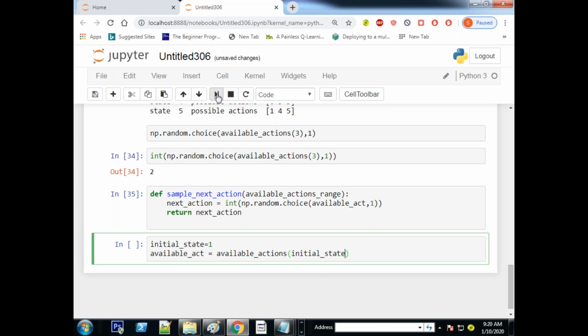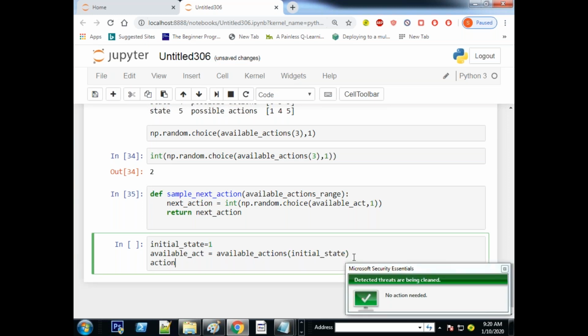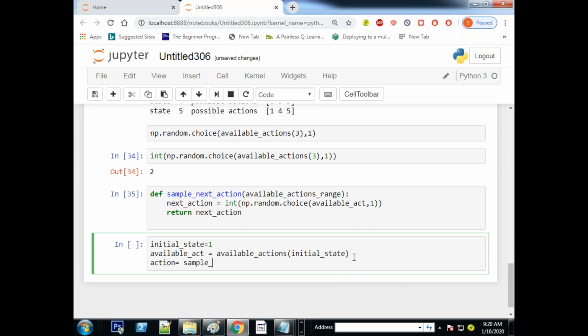If I am in number 1, what should be the values of available act? If I am in 1, 3, 5. But among 3, 5, only one value has to be selected. That is what? Action equals to sample next action. Next action of input is available.